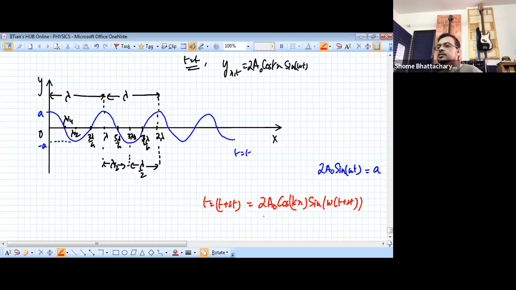So this term, 2a naught sine omega into t plus delta t, this was c earlier, so this has just become c plus a small delta. So this graph has just shifted like this.